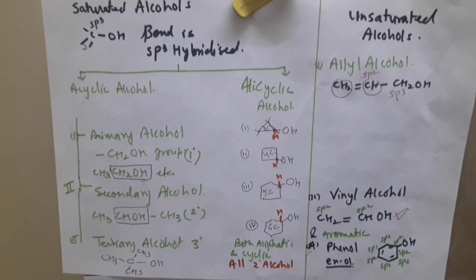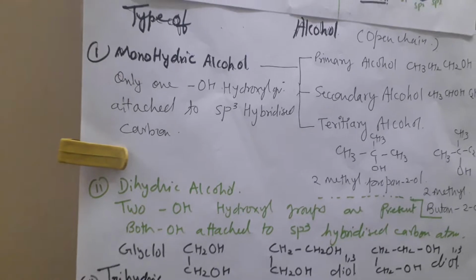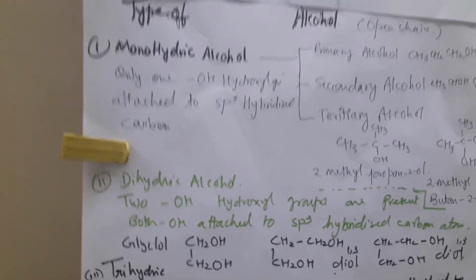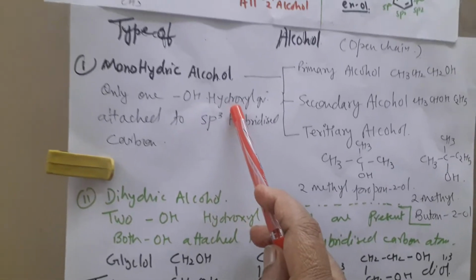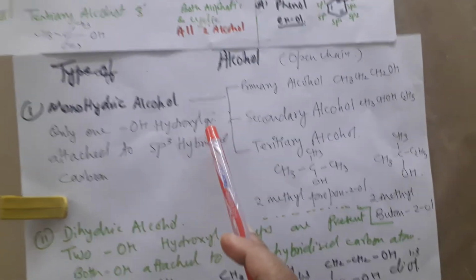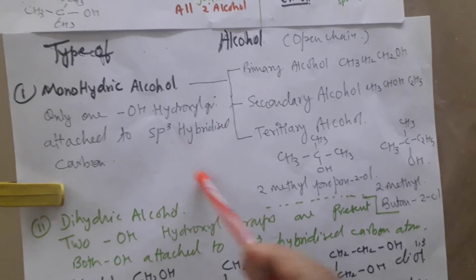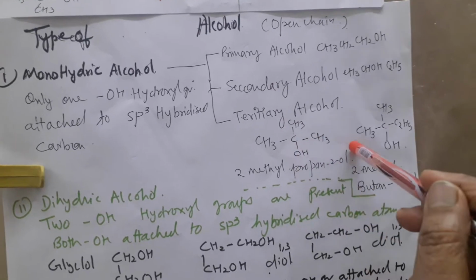Clear to you? Now we will classify alcohols in another way: by the number of hydroxyl groups attached to the carbon chain. If only one OH group is attached to an sp3 hybridized carbon, we call it monohydric alcohol. For example, in all primary, secondary and tertiary alcohols only one OH group is present.